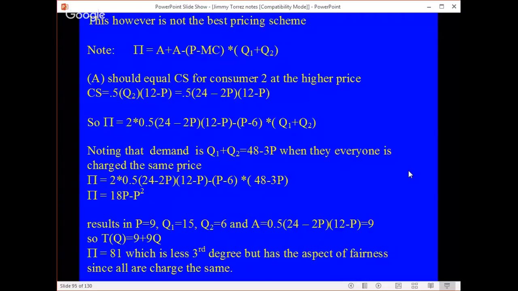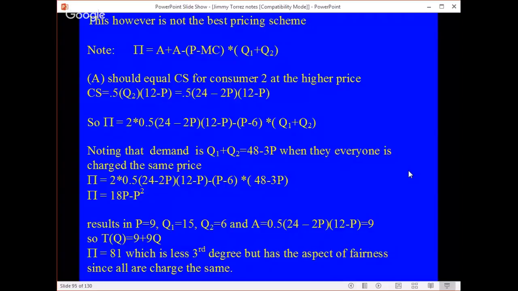And I get a profit, in this case, of $81, which is greater than when I charged 36, but it's less than third degree, which was 99. It does have the aspect of fairness, because everybody gets charged the same price instead of two groups being charged different prices. But the monopolist shouldn't care about that.